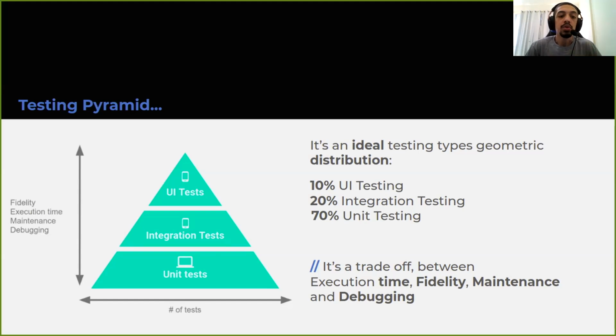That's why usually you have more unit tests than UI tests, because unit tests are easy to create and maintain. But the trade-off is that with unit tests, you don't have as much fidelity as you will have with UI testing. That's why you need a balance between types of testing in your application.